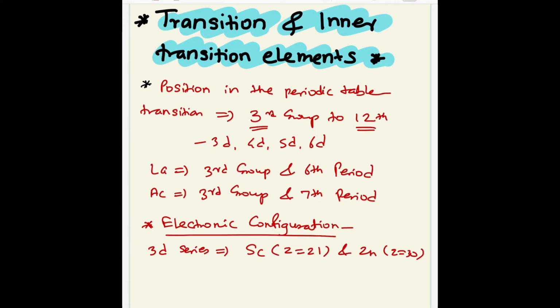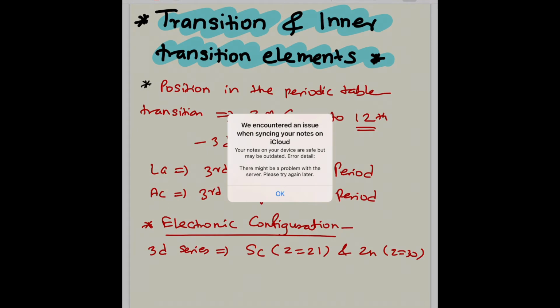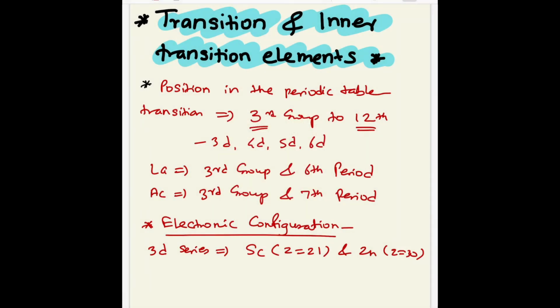Suppose I take scandium. The atomic number of scandium is 21, so the nearest noble gas is argon. The expected electronic configuration is 4s2 3d1, and the observed is also 4s2 3d1.